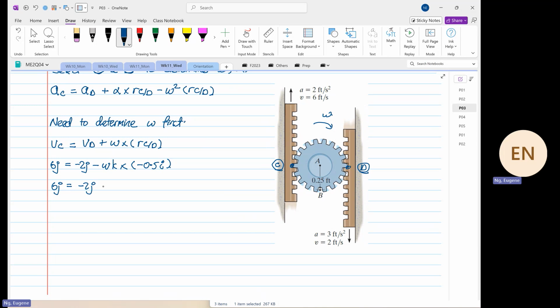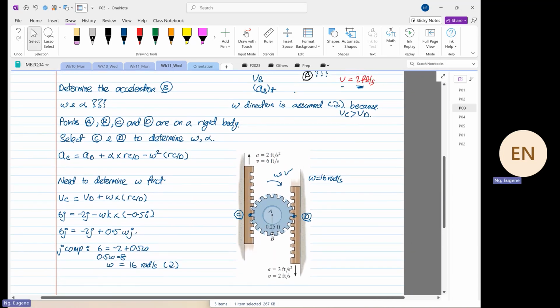Negative becomes positive, so plus 0.5 omega J. So based on the J component, 6 minus 2 plus 0.5 omega, so 0.5 omega is equal to 8, right? So omega is equal to 16 radians per second. And because it's positive, the assumed direction is correct. Therefore omega is equal to 16 radians per second.